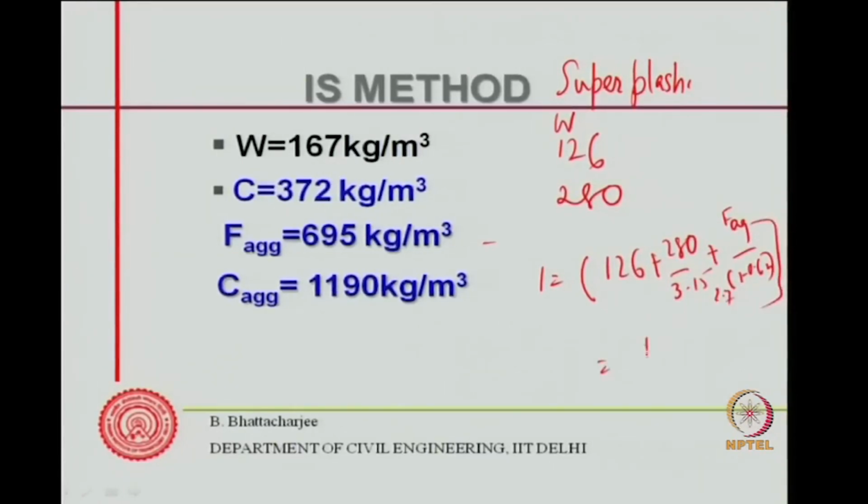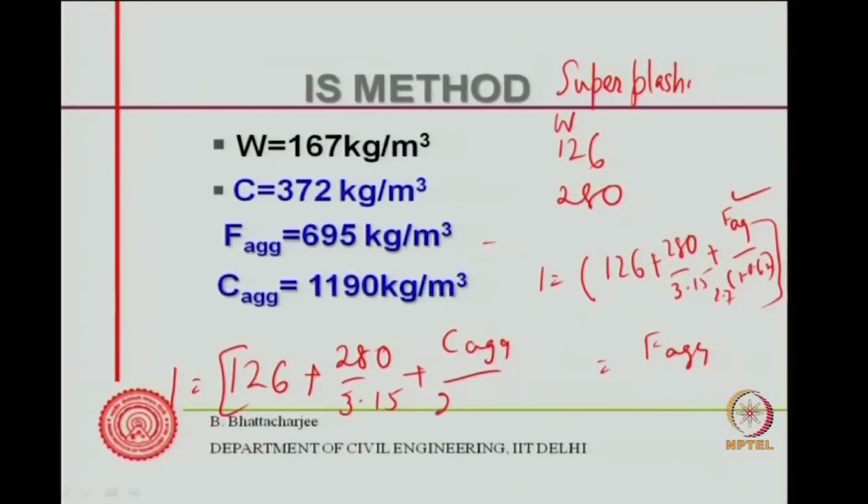Using this formula you can find out FAGG, the fine aggregate content, which is unknown. Coarse aggregate correspondingly can be found out as 1 equals 126 plus 280 divided by 3.15 plus coarse aggregate content divided by 2.6 into 0.64, and this equation you can use to find the coarse aggregate content. You will find that this value is greater than this, it will increase now, and this will also increase, and correspondingly you can find out when you are using super plasticizer.